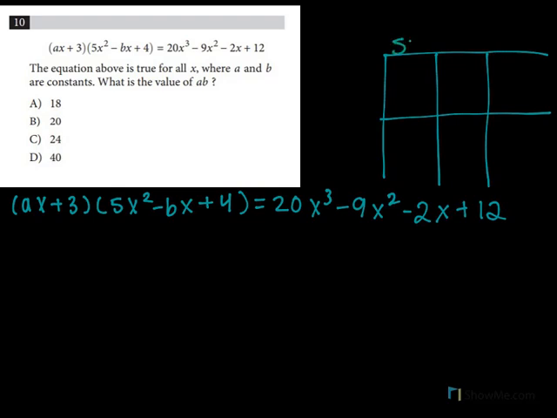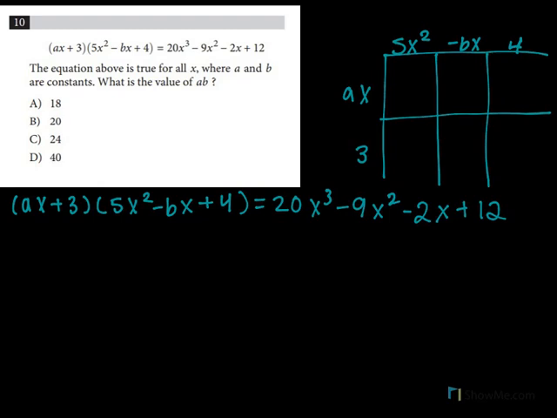So on the top I'll write 5x squared minus bx plus 4, and here I'll write ax plus 3.